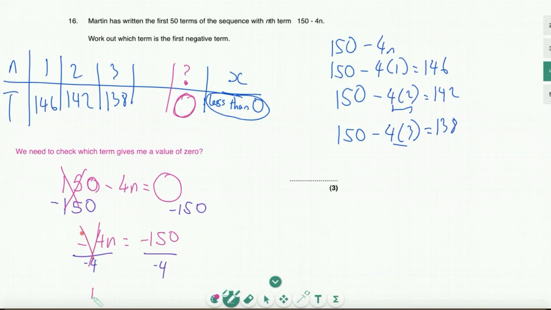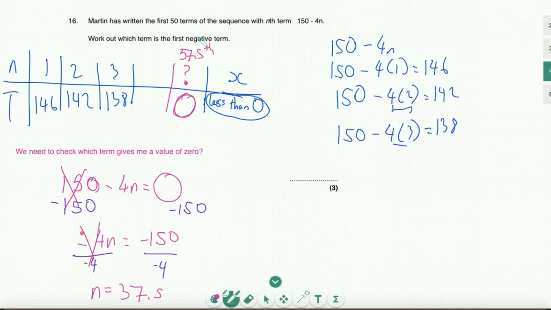That cancels out. So n is equal to negative 150 divided by negative 4, which is 37.5. So basically, the 37.5th term gives us a value of 0.